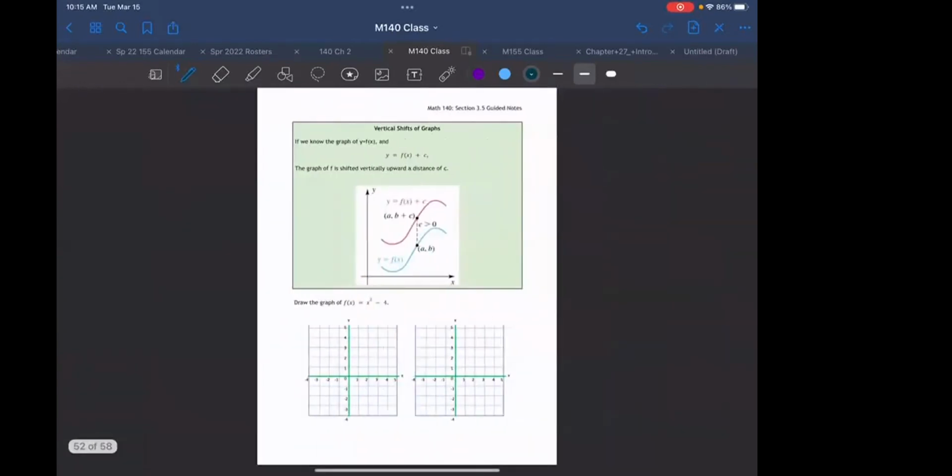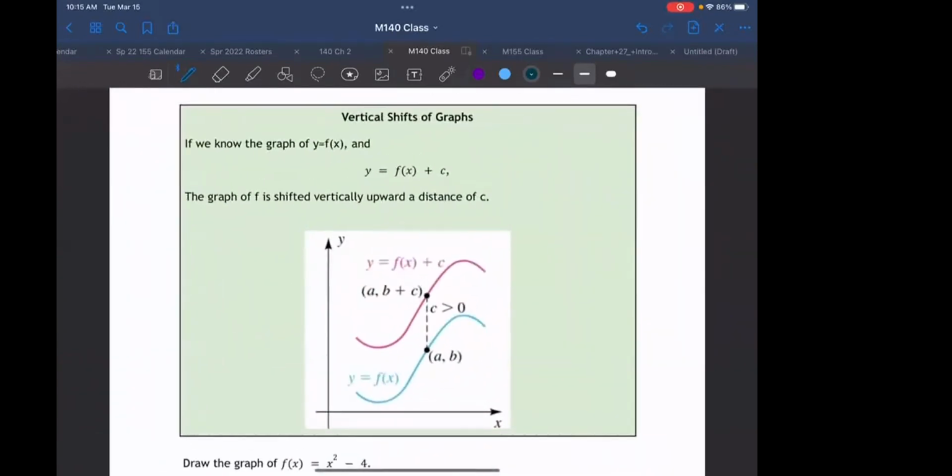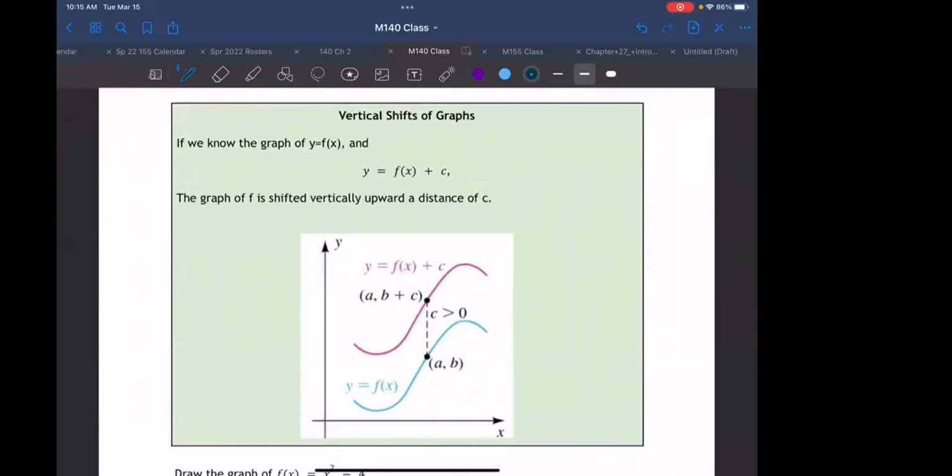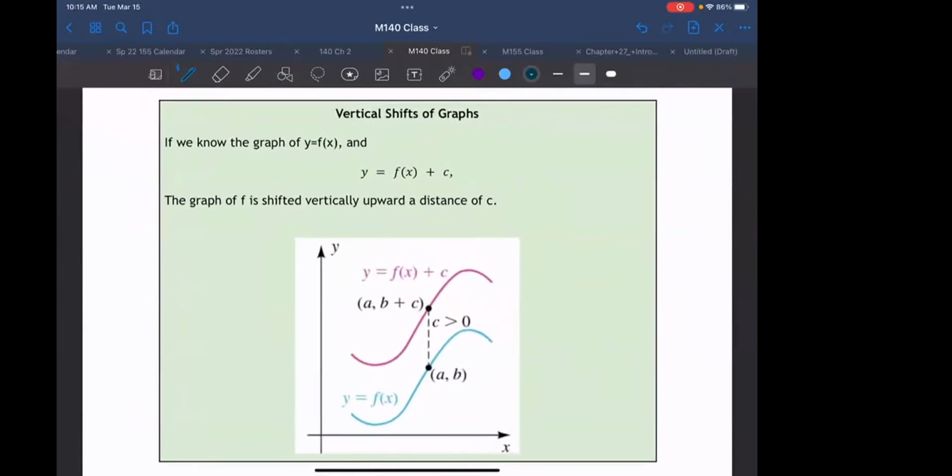Let's go on here. So we've got vertical shifts of graphs. We're going to take these basic functions, right? They're very baseline functions. There's only 8 of them, and there's not much you can really do with each of those in particular. We're going to take these basic functions and add numbers close to the function or inside the function.